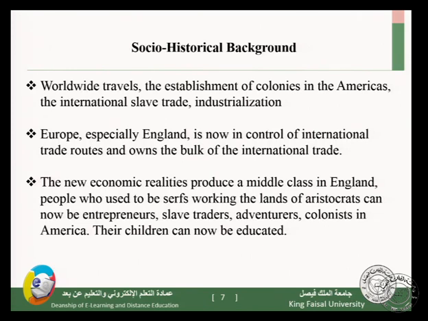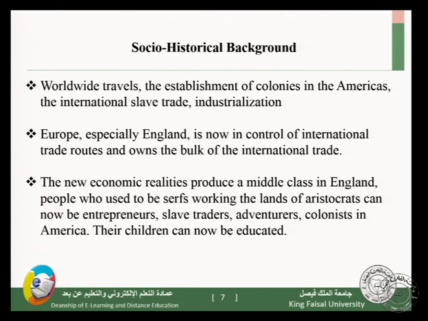And of course, we have industrialization. All of these factors generate huge wealth for England, for France, for Spain, for Holland at the time.